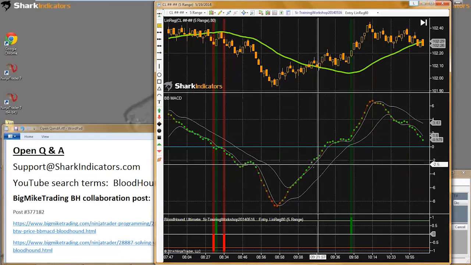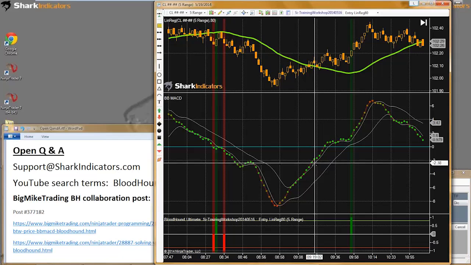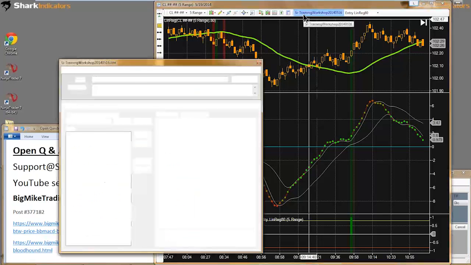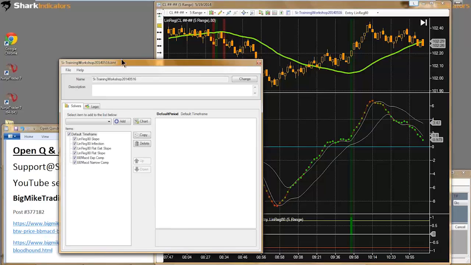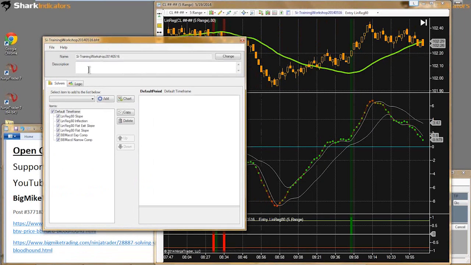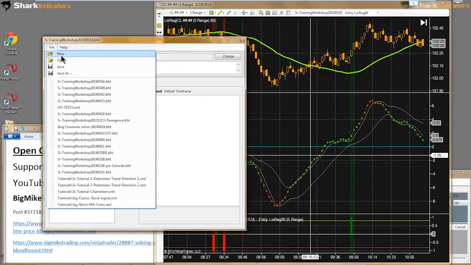And I'll use the BB MACD indicator. However, I think I'm going to recreate my chart instead of using that indicator, because not everybody has this indicator. I believe the BB MACD was downloaded from Big Mike's.